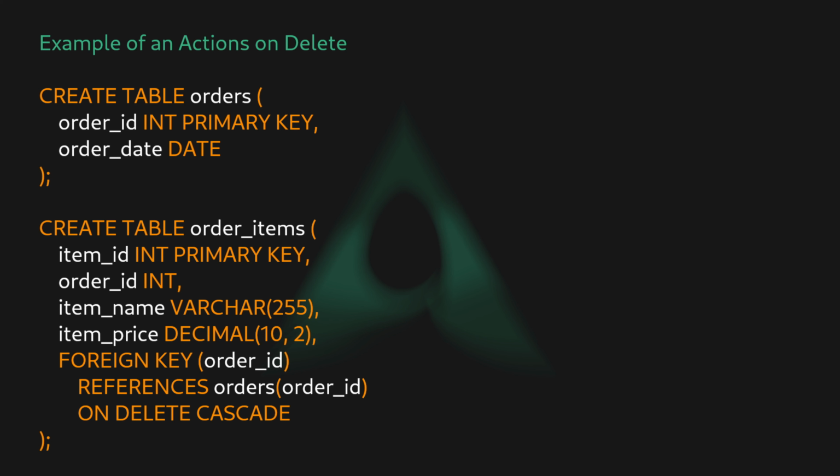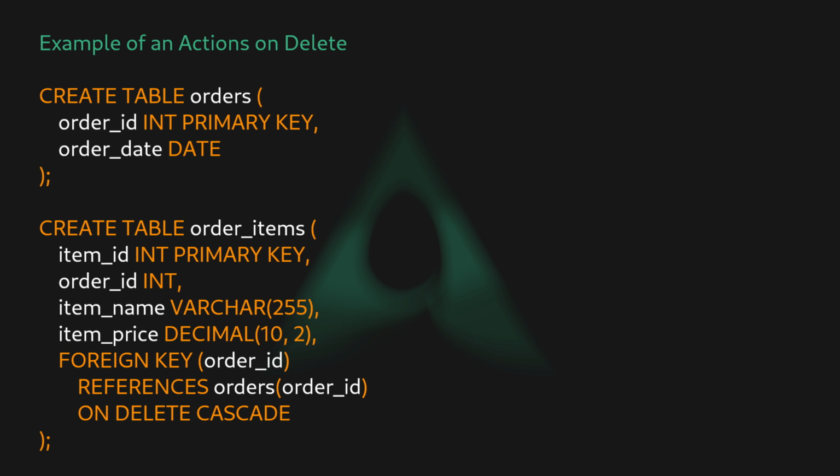Inside the other table that is order_items, we have another column with the same name, order_id, that we want to use as the child column, and we want to relate it with the column with the same name on the orders table. We have done it using the foreign key, and as you see, the order_id column inside order_items table is now connected to the order_id column of orders table using foreign key.